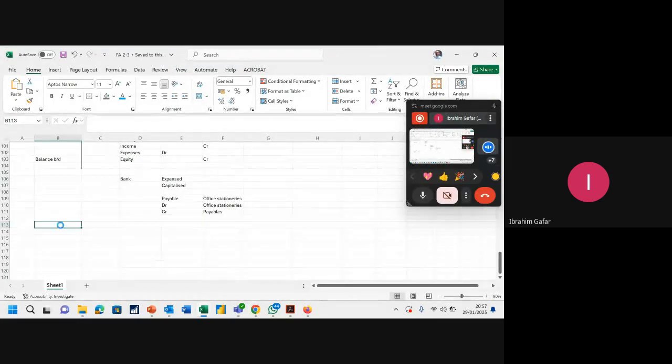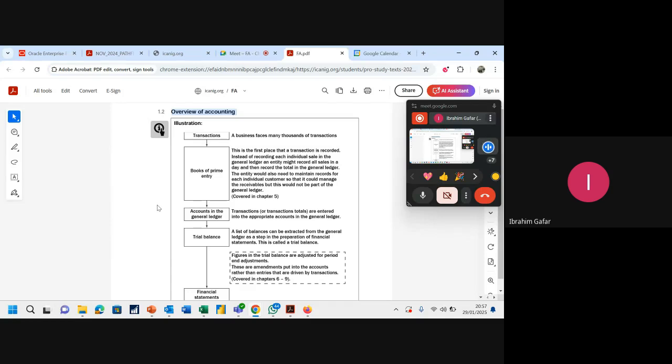So we have this overview of accounting. What they mean by an overview of accounting is the inception, where accounting starts, all down the line till you have your financial statement. They gave an illustration here to say the first thing is there's a transaction.